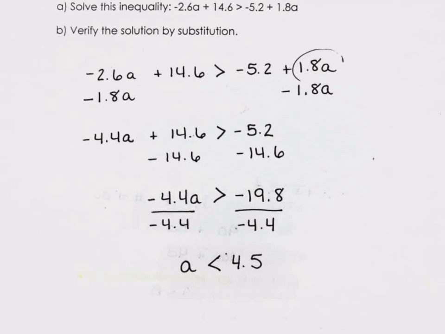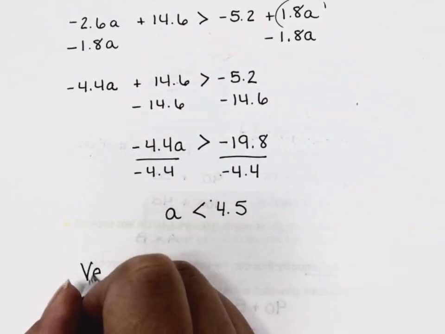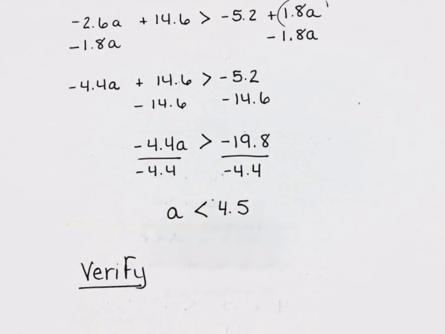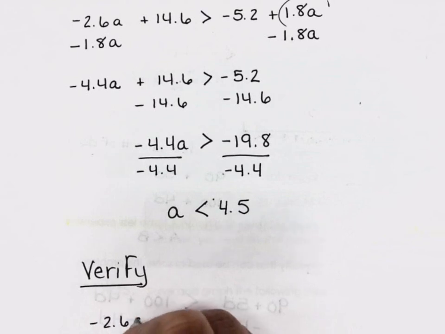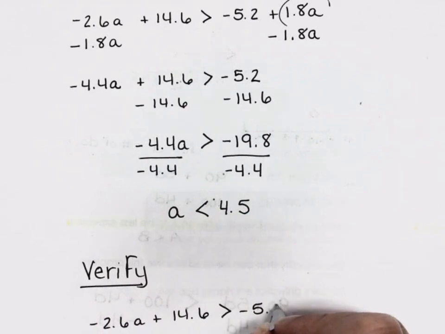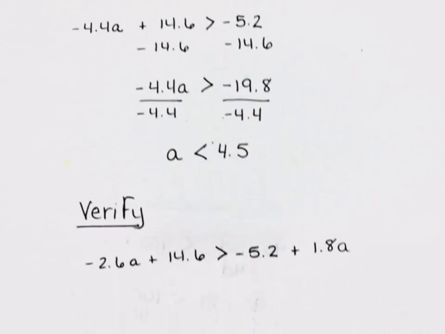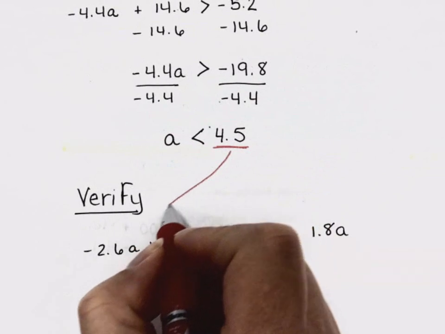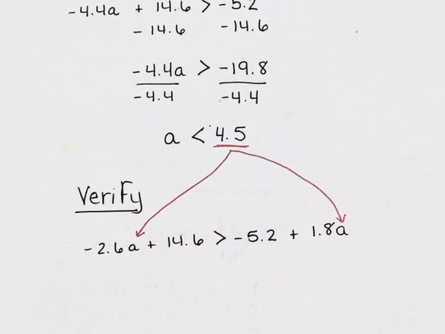All right, now here's the tough part. Not really the tough part, but just a different part that we haven't done. We're going to verify our solution. Our original was negative 2.6a plus 14.6 is greater than negative 5.2 plus 1.8a. When we verify, we take this value of 4.5 and put it into the equation where we see the letter a.